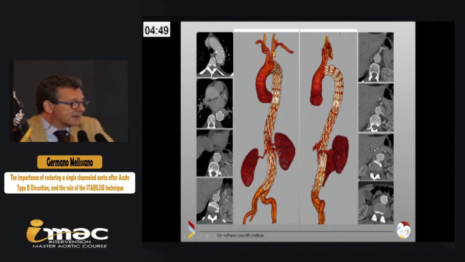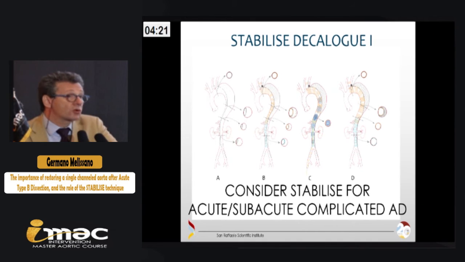So this, once again, is a final result with this STABILISE technique. Let me also point out that in this case, a carotid subclavian bypass with plugging was performed. And in our experience, we needed the branching of at least the left subclavian artery in 70% of the cases, because we are really strict on landing our stent graft in a non-dissected portion of the aorta.